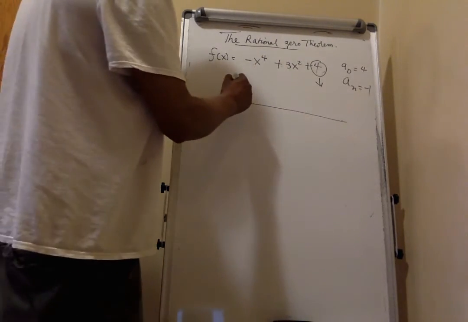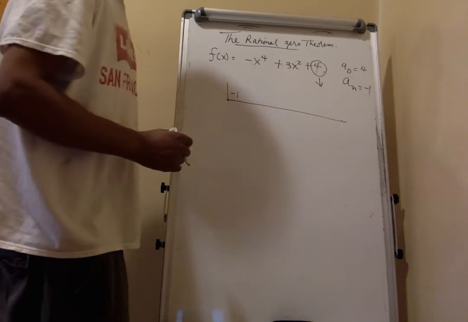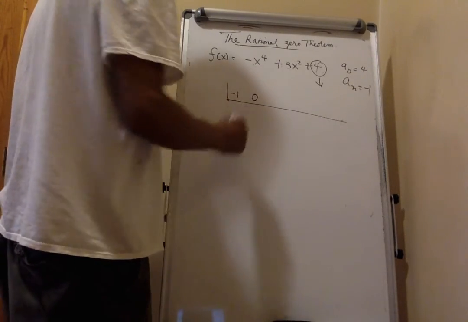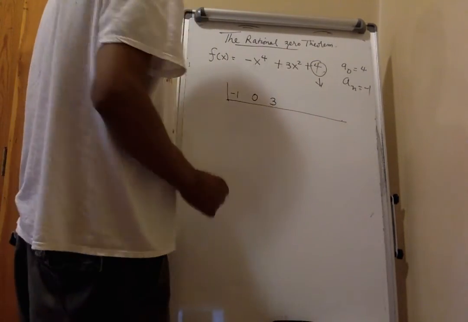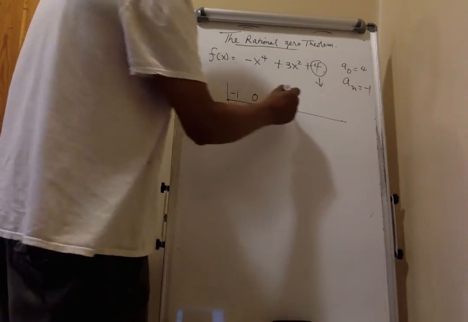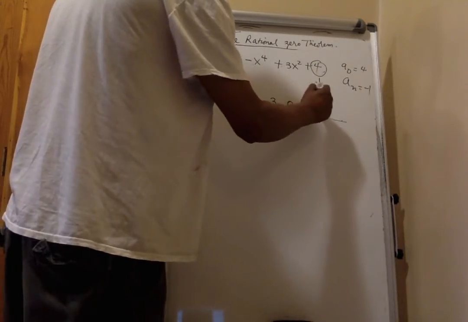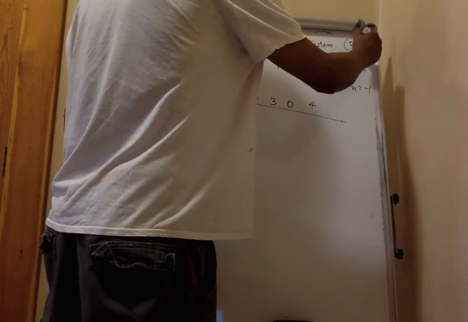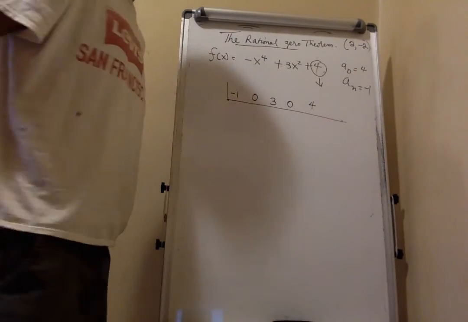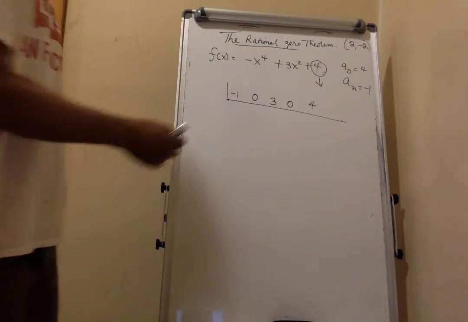So I'm going to write negative 1 because there is no x to the 3rd, I'm going to put a 0. I have 3x to the 2nd, and there is no x to the 1st, so I'm going to put a 0 and 4. So I know my 2 and negative 2 in this instance are the solutions of the equation, so I want to prove that.